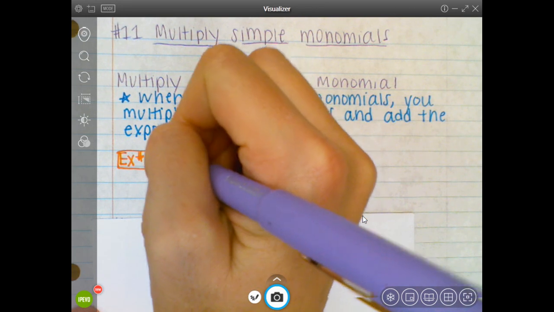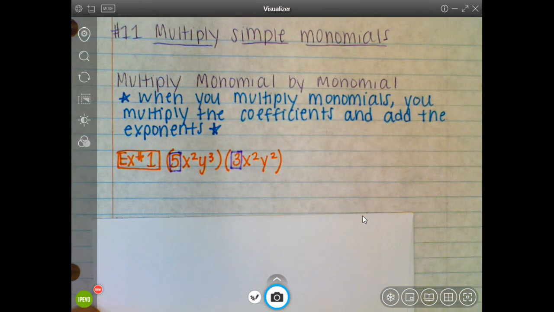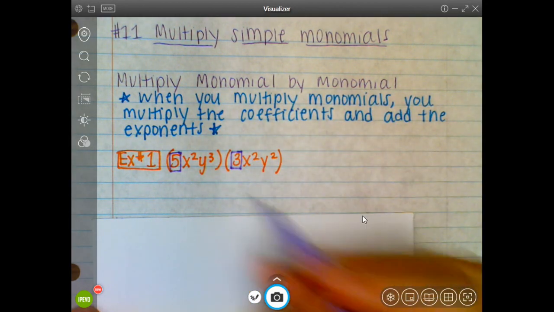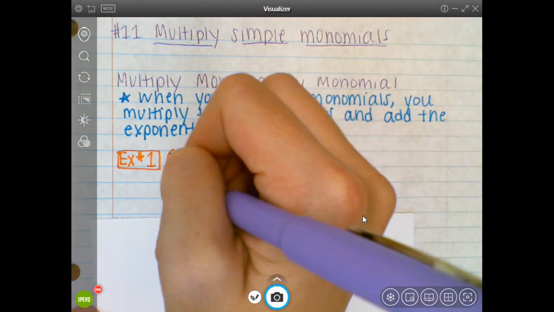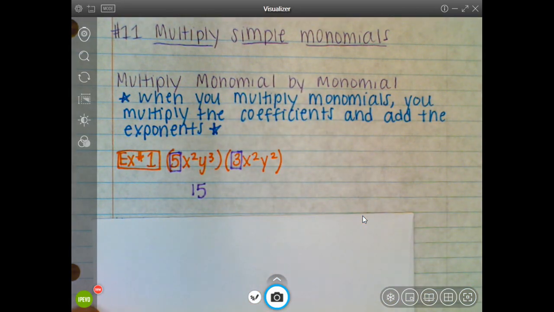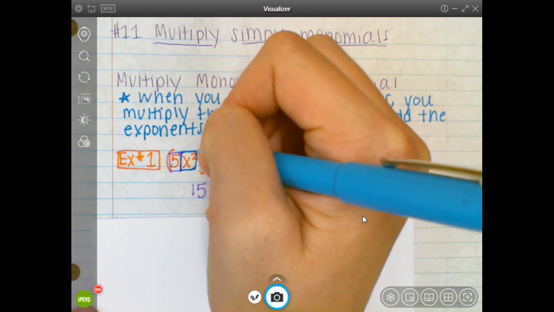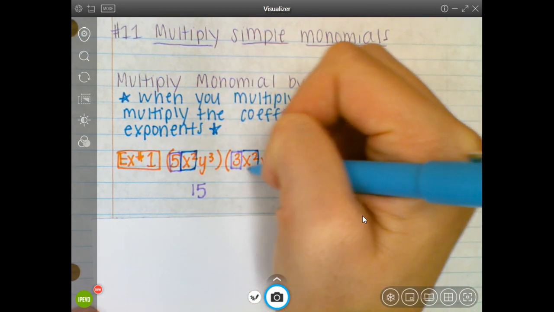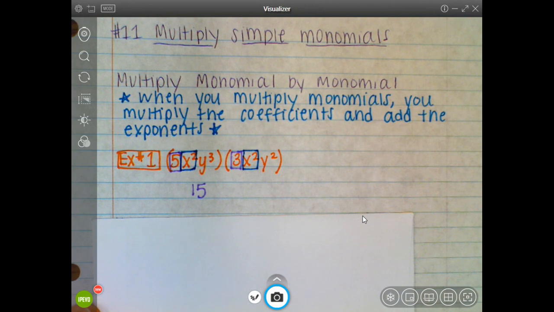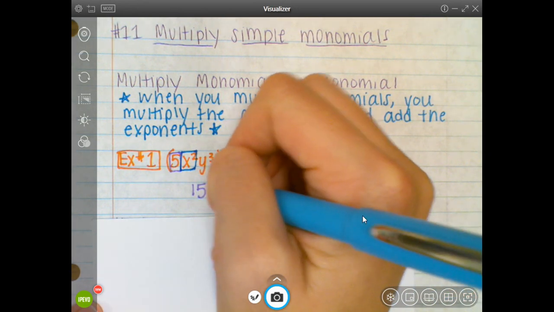So this 5 is the coefficient, and this 3 is a coefficient. So we're going to multiply those and do 5 times 3, and I get 15. Then we're going to multiply the x squared with the other x squared. And that's going to give us x squared times x squared. We add those, 2 plus 2 is 4, so we get x to the 4th.